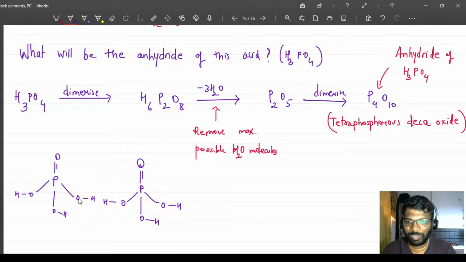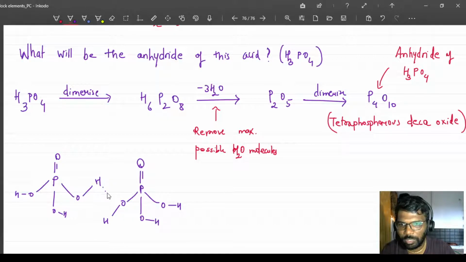Now when I am writing this structure, I have not written any bond, but you can show this type of thing in between. Like I will write a hydrogen, and on this side I am writing hydrogen. There will be some hydrogen bond holding this.